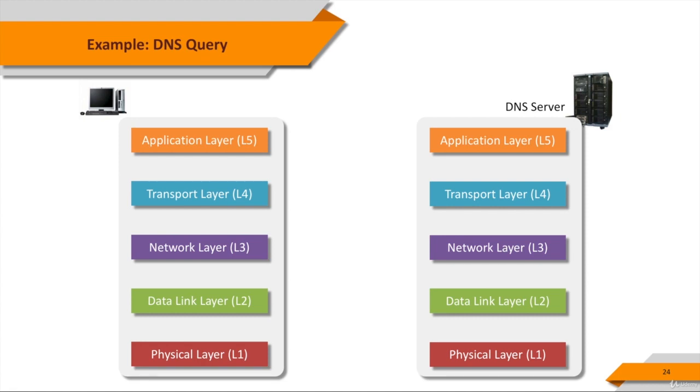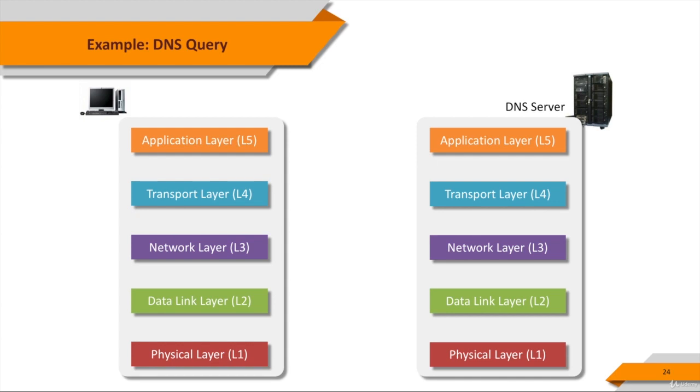In layer 3, the network layer, it's called packet. In layer 2, the data link layer, the data unit is called frame. Now, I usually use packet for the transferred data unit in each layer to make it less complicated for you. Make sense?